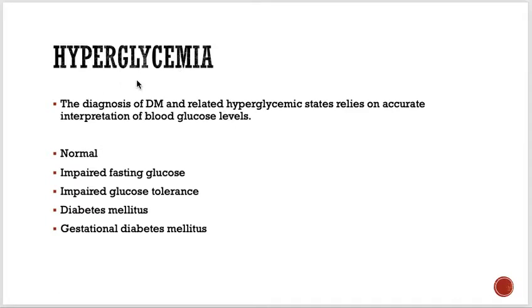So of course, if you are doing this test on clinical suspicion, then you are going to interpret this test according to what you know about the clinical status of the patient.